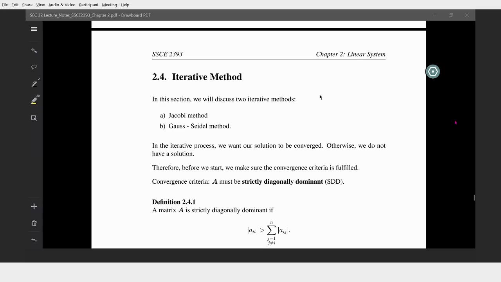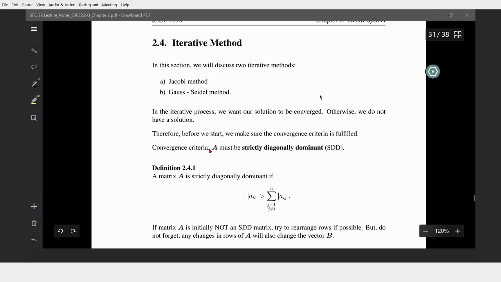But now for the iterative methods in chapter 2, Jacobi and Gauss-Seidel, the criteria for convergence are different. The criteria say that A, which is our coefficient matrix, must be strictly diagonally dominant.